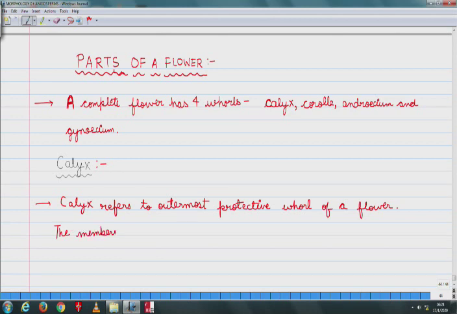The members of calyx, or unit of calyx, is called sepal.